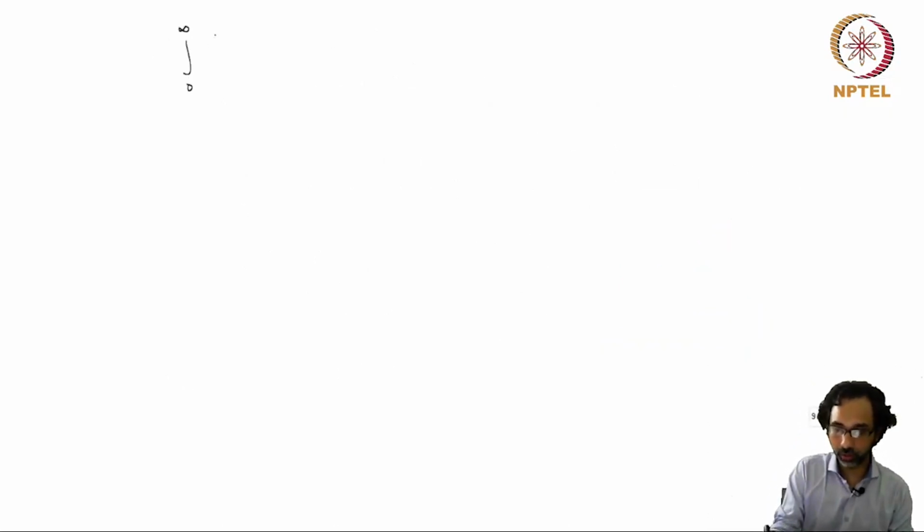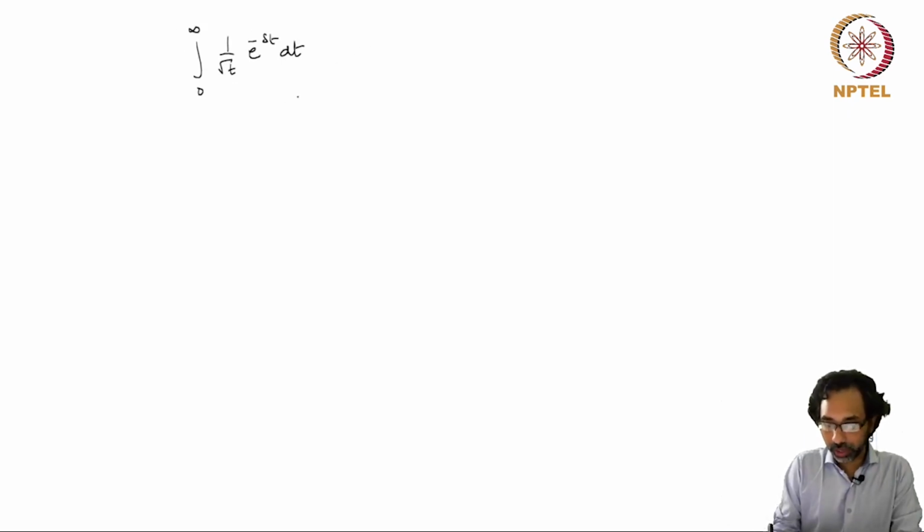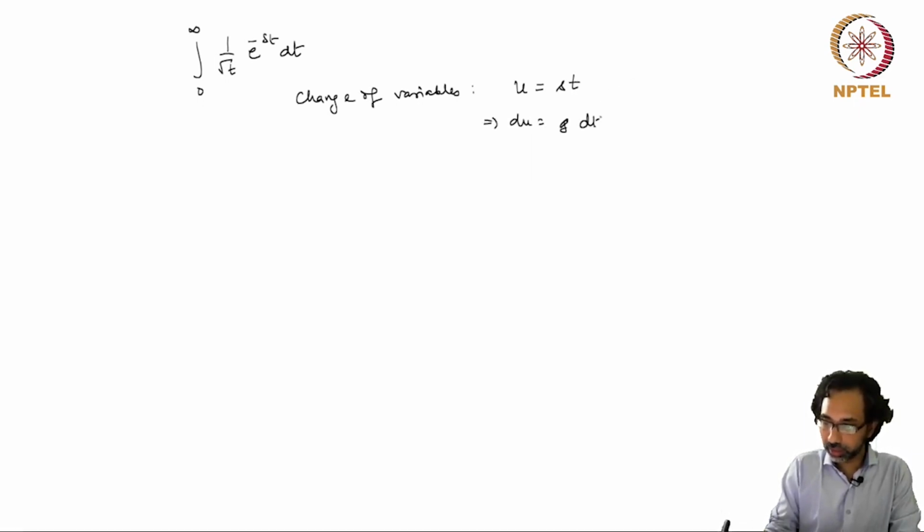It is the integral from 0 to infinity of 1 over root t times exponential minus st dt. For this we make a change of variables. We put u equals st, which means that du is s dt.